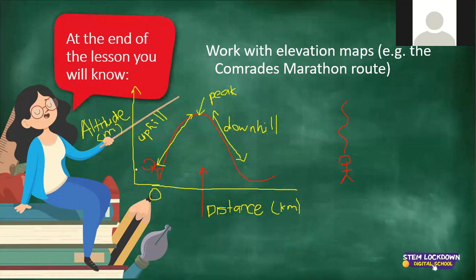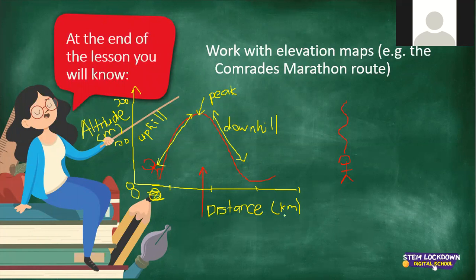Most races, if they are inland, obviously don't start at 0, because this will be 0 meters. Maybe 1,100 meters, 200 meters, and so on. Here, 0 should be there. Then it's 10 Ks, 20 Ks, 30 Ks, 40 Ks, and so on, right? So keep this in mind when dealing with profile or elevation maps.